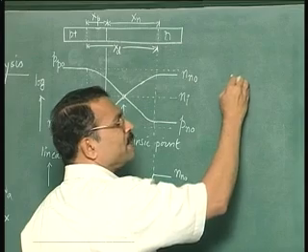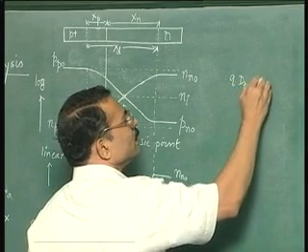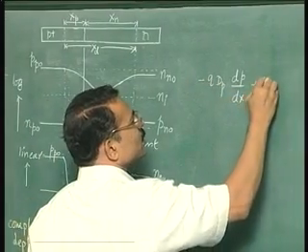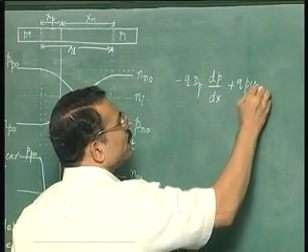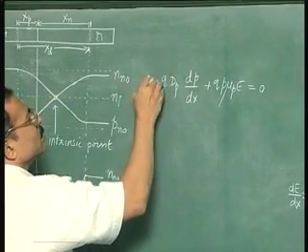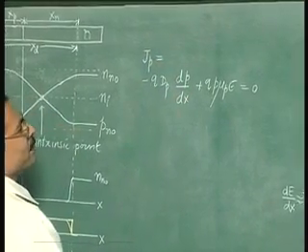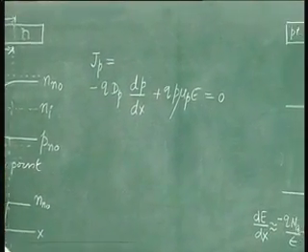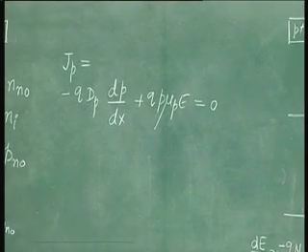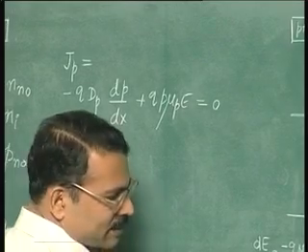So Jp is drift and diffusion: minus Q Dp dp by dx is diffusion, plus Q p mu p into E. This is equal to 0. We will show that we can use this expression and get the built-in potential psi naught, that is this value.